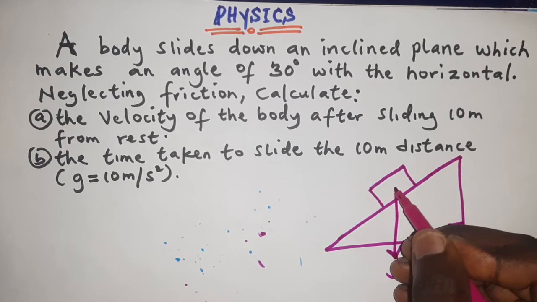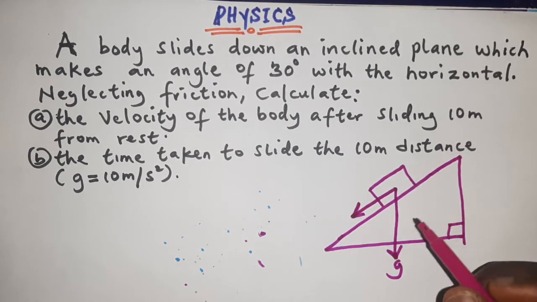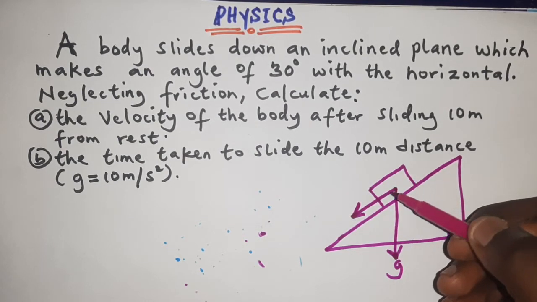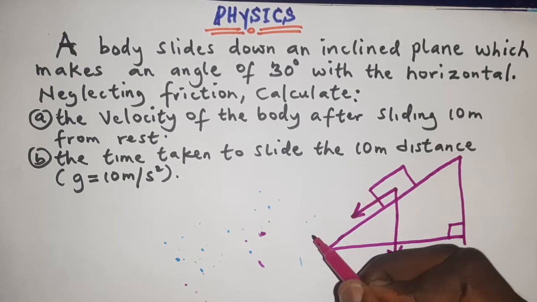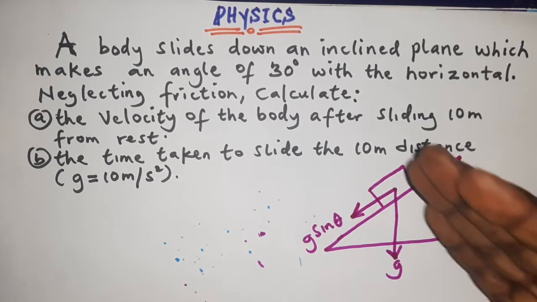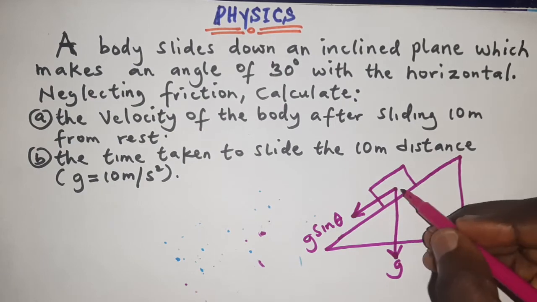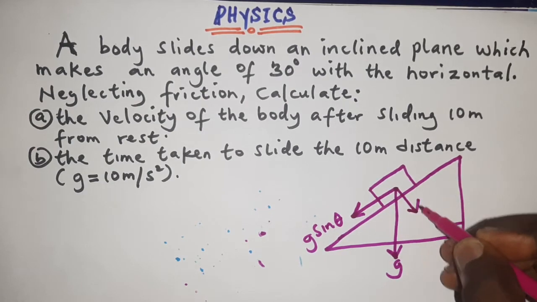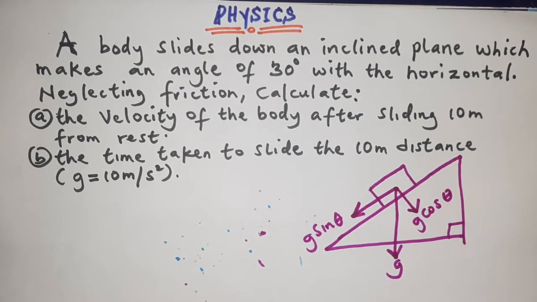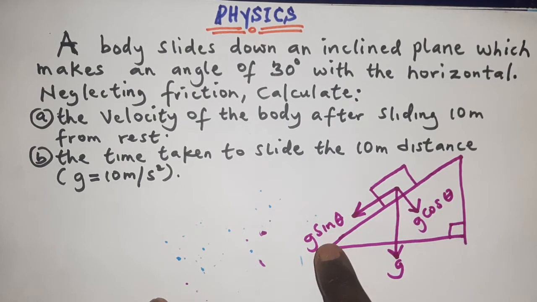So if the gravity will also go this way, based on the last video I did, I said the component of G moving in this direction, that will make this object accelerate in this direction, will now be G sine theta, while the component of G that will make it go this way will now be G cos theta. So ordinarily, if the object is going to slide down this way, the value of its acceleration will be G sine theta.